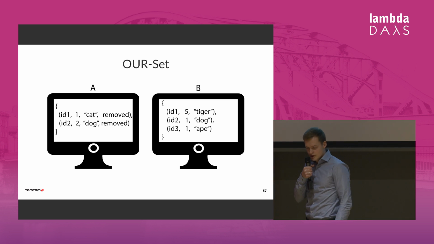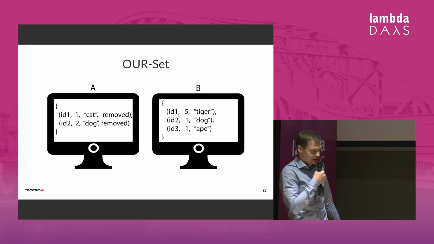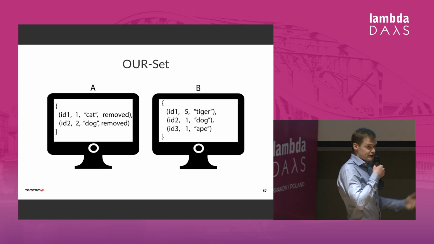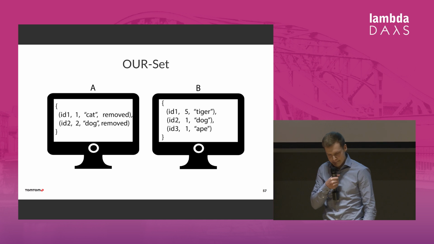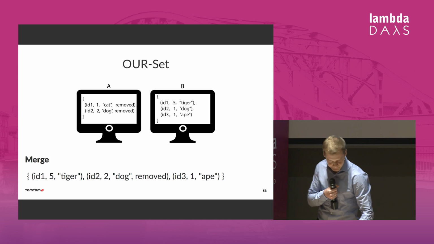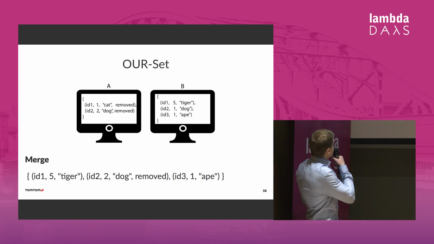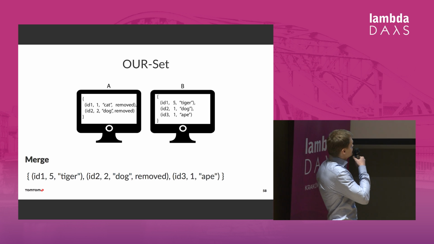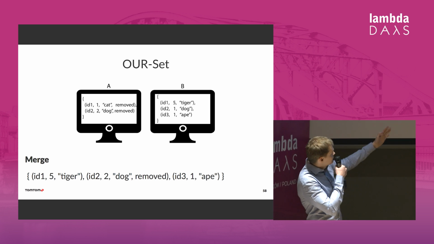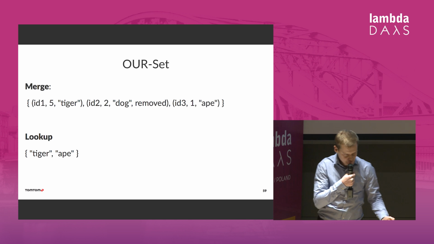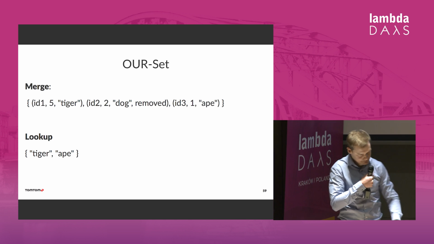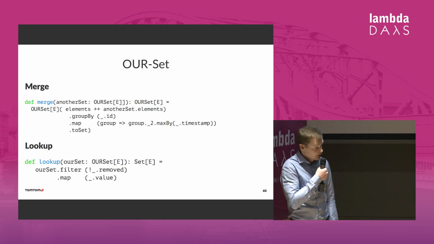How do we reduce? Well, we have a timestamp, so we pick the winner based on the timestamp, if it's possible. So here's our merge result. These are the winners, and the lookup will return only two elements. One is a removed one. Pretty easy.